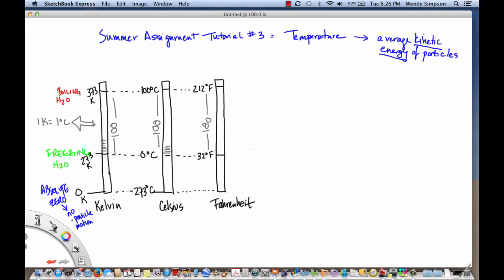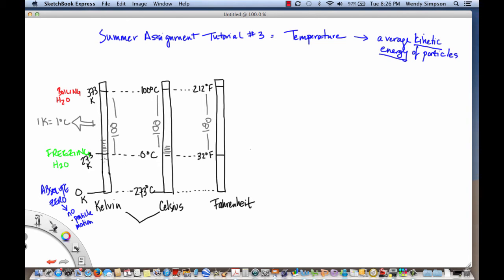So when we look at just these two temperature scales, you should really be able to come up with the conversion factors. How do we go from, for instance, Celsius to Kelvin? If we're looking at absolute zero, it's from minus 273 to 0, so we're adding 273. At the freezing point, we're going from 0 to 273.